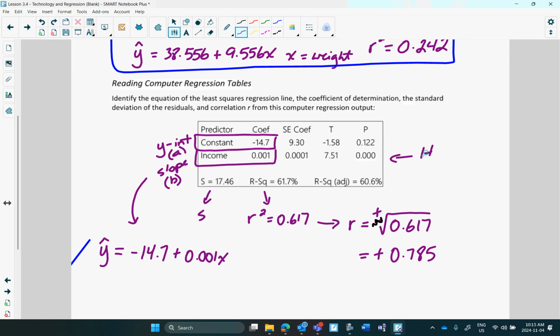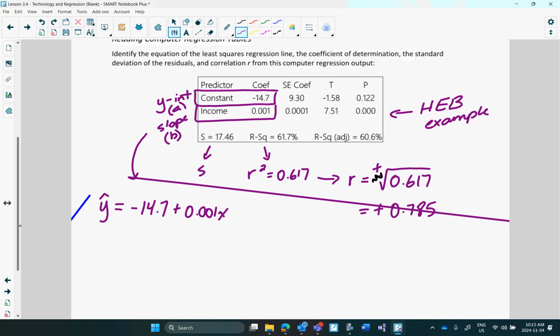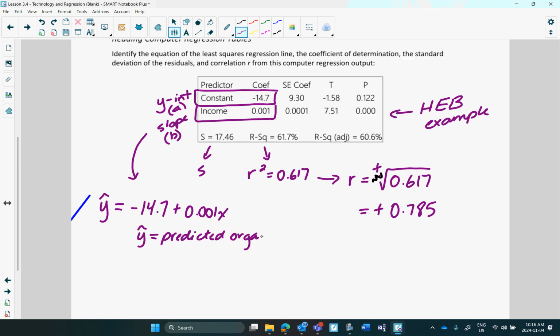This is the HEB example. Let's put that in there. So we can actually define our variables: y hat is the predicted organic items, and x would be income.